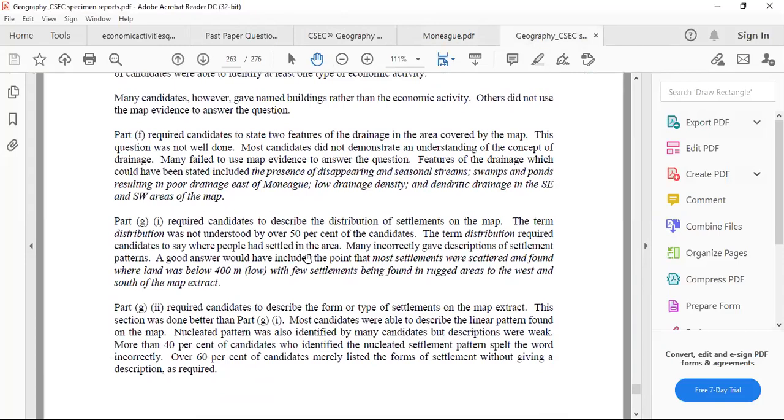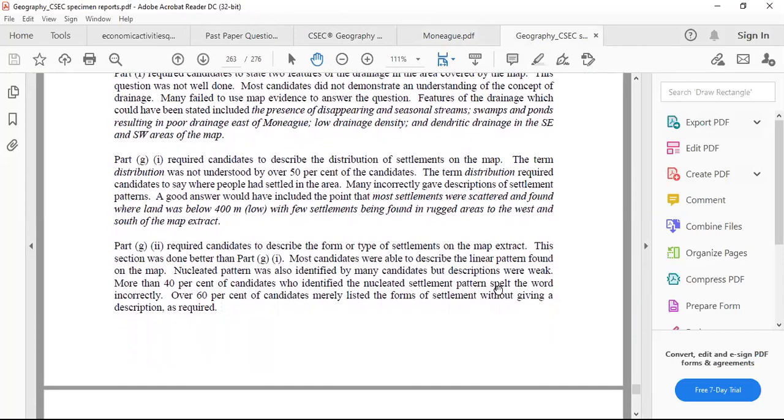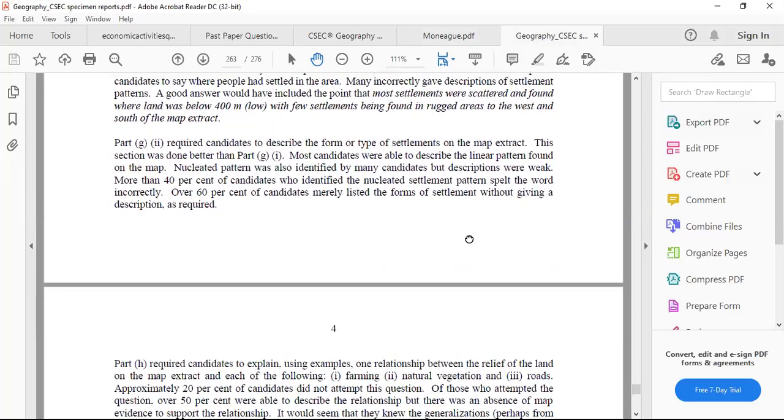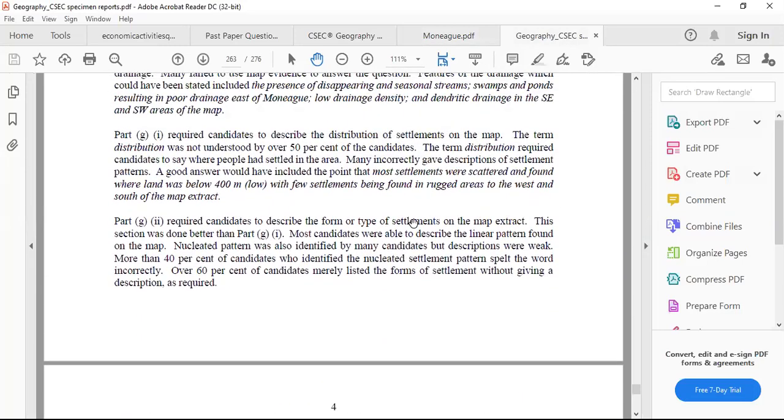Again with form, you see most described linear pattern. Nucleated was also identified, but descriptions were weak, right? You have to spell the word right too. And then it says 60% stated the forms without giving a description. So when you state it, make sure that you give a description of it, right?